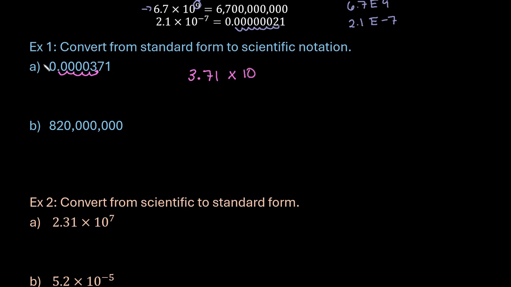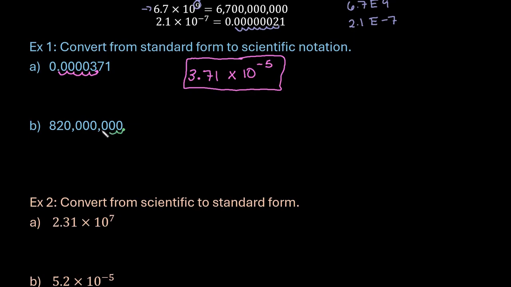Times 10 to the, and since this is a small number, we're going to be dividing by 10. So we're going to put to the negative 5th power. So this would be our answer. In the second one, since we have a larger value, our exponent is going to be positive. So we basically need to count how many times we moved the decimal place from here to between the 8 and the 2.